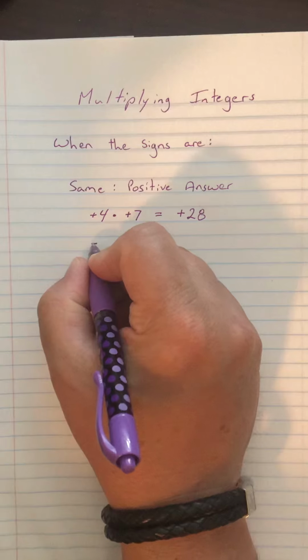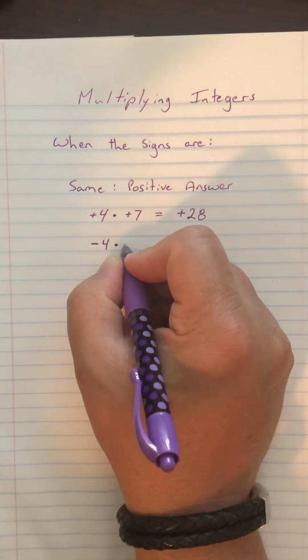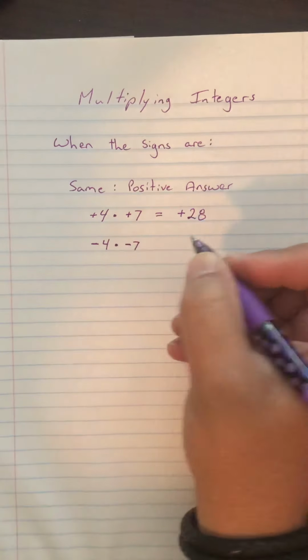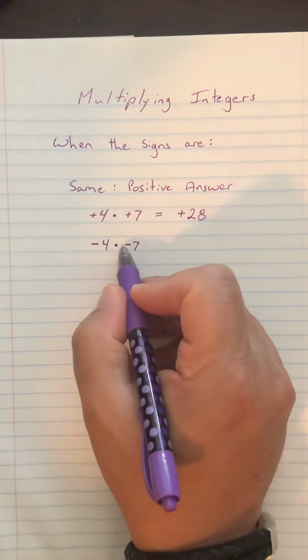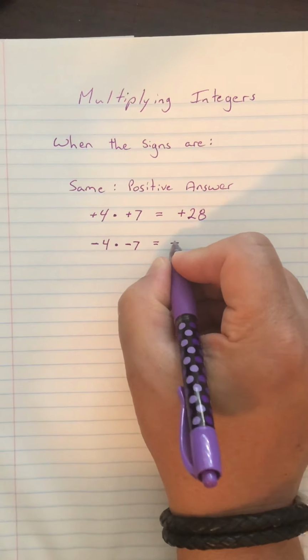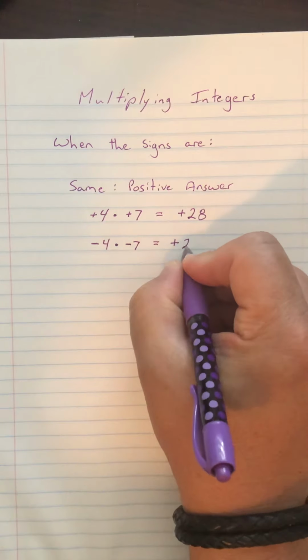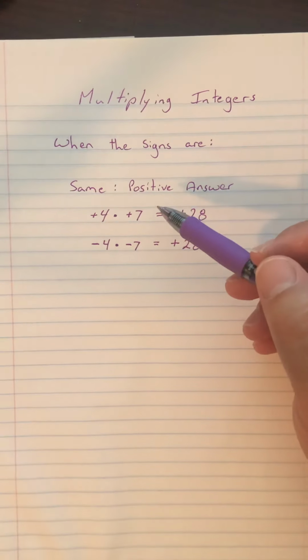At the same time, though, if I have a negative 4 times a negative 7, because these signs are the same, they're both negative, it's automatically a positive answer. Real weird situation there. It takes a little bit of practice.